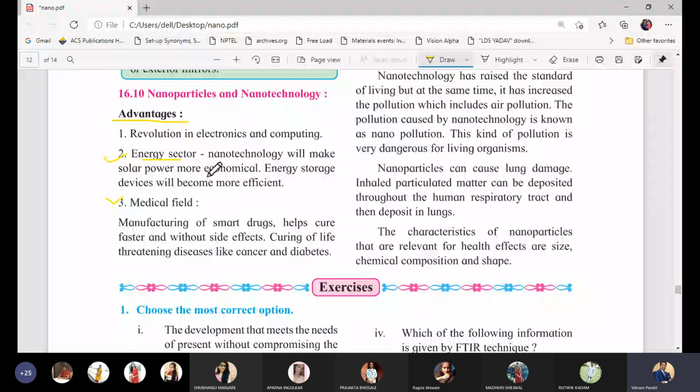There is only one disadvantage, that we cannot see the nanoparticles, right? So if nanoparticles are there in the atmosphere, if you inhale them, they will go inside the body and directly into the lungs, right? Nanoparticles are so small that they can penetrate into our lungs.